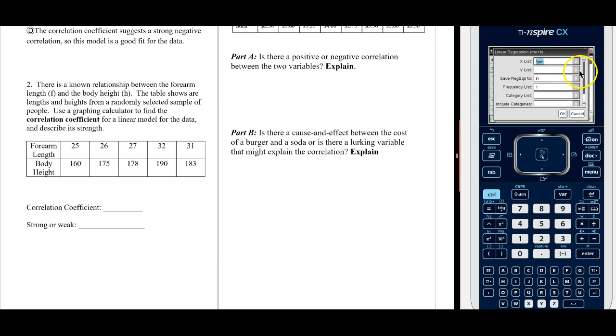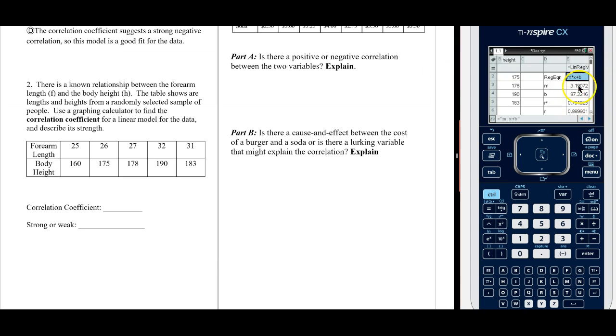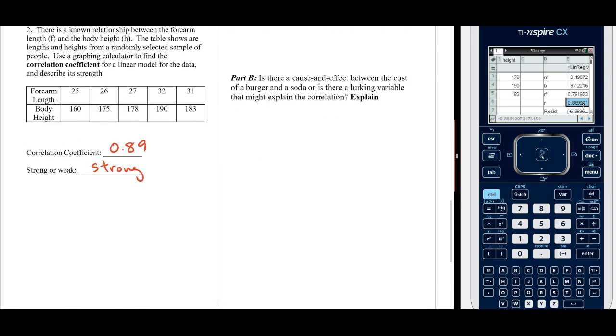X list is arm, Y list is height. Hit OK. And this time, the thing we're looking for is R. That is the correlation coefficient. So that is 0.89. And we can say that that is strong because that's really close to positive 1.